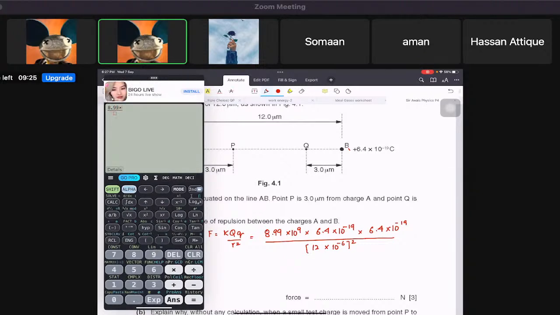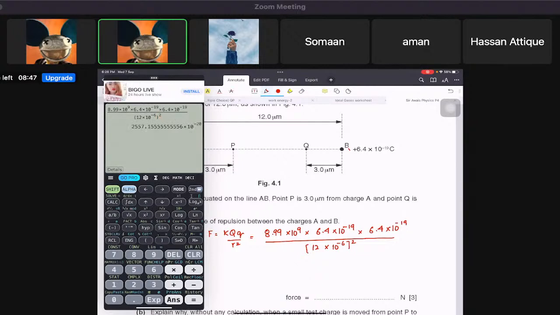You'll find it in the market if you don't have it. It helps you a lot and you make fewer mistakes. So 8.99 times 10 to the 9, times 6.4 times 10 raised to power minus 19, times 6.4 times 10 raised to power minus 19, divided by 12 times 10 raised to power minus 6, and then whole square.